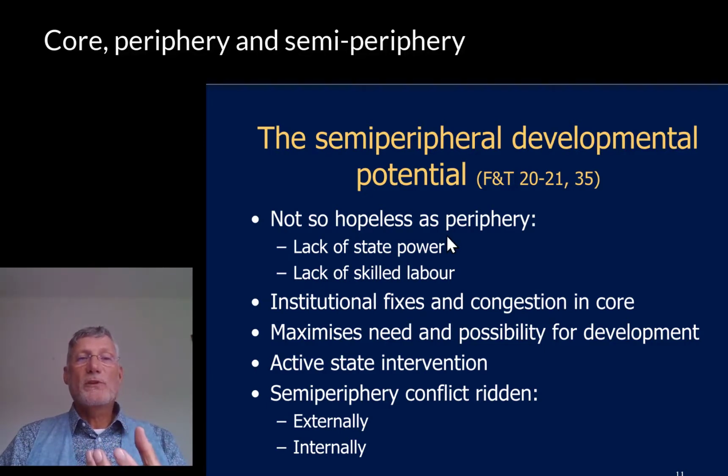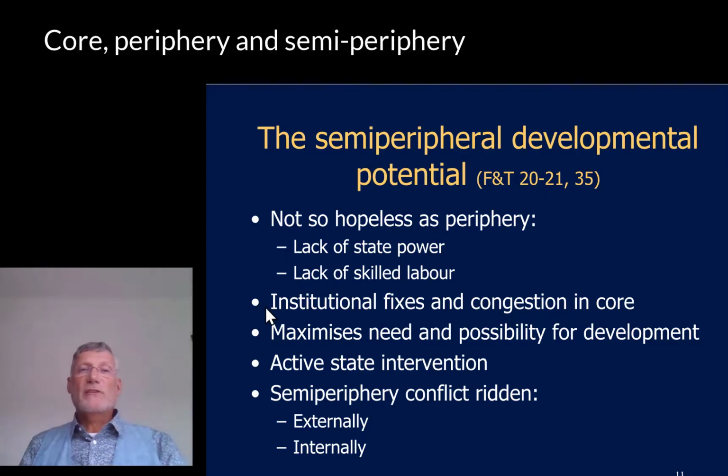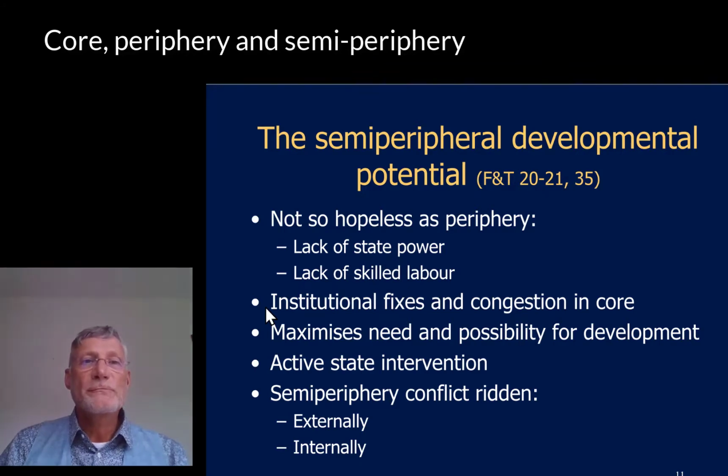It's not so hopeless as in most of the periphery. There is some state power in the semi-peripheral states, and in the core there are a lot of institutional fixes, a lot of path dependency, a lot of problems which hinder further development. And the semi-periphery more or less maximizes the need and possibility for development, and especially the states.